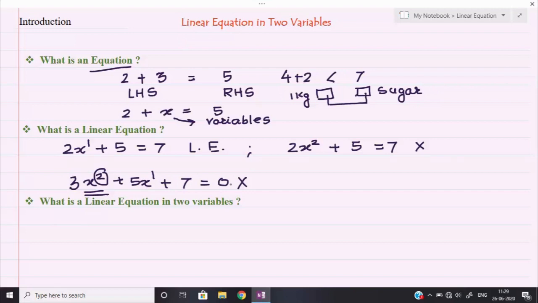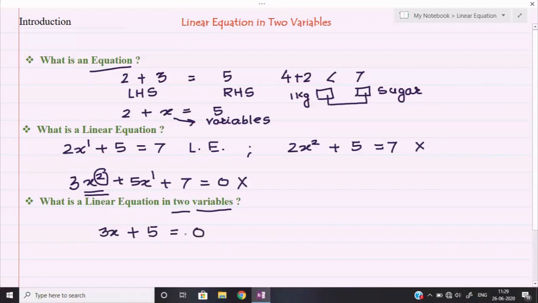Now we shall understand what a linear equation in two variables is. Okay, so two variables, as the name makes clear, here two different variables will come. For example, let me write down one example here, 3x plus 5 is equal to 0.